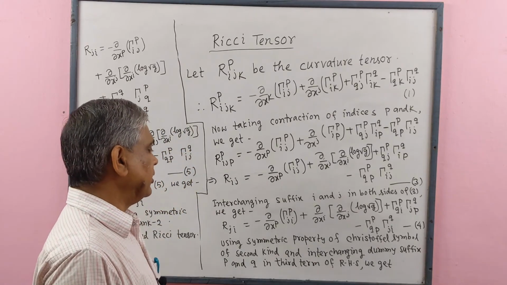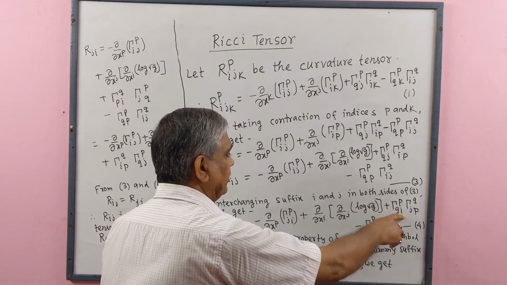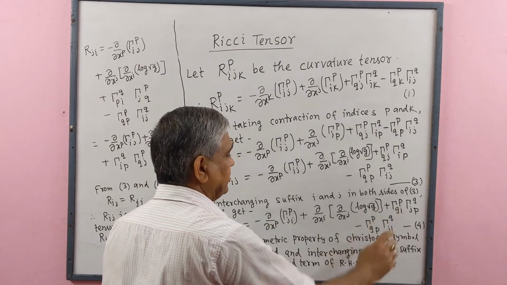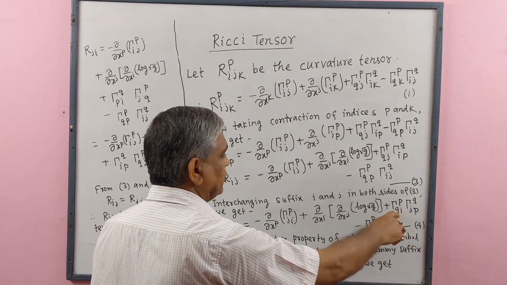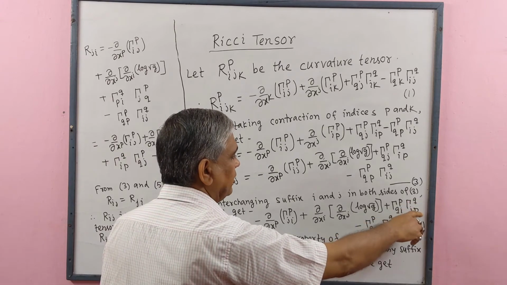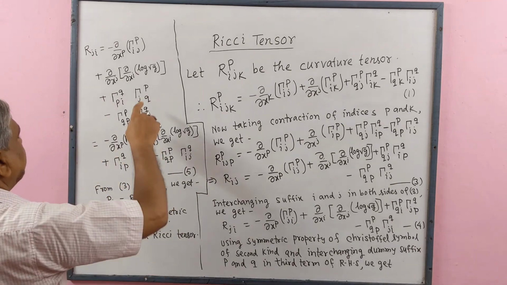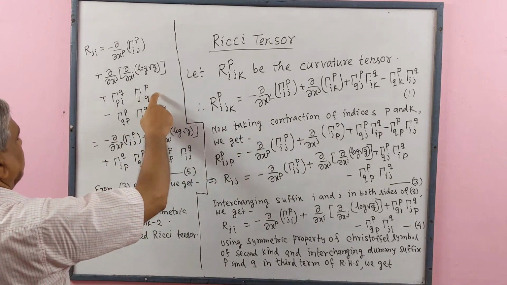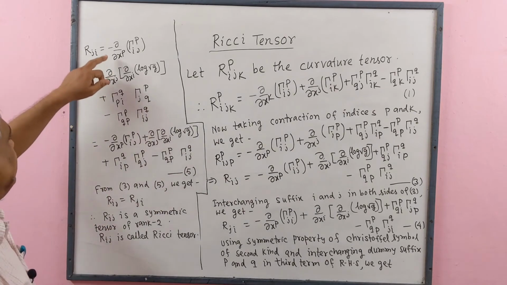Using the symmetric property of the Christoffel symbol of second kind, and interchanging dummy suffixes p and q in the third term of the right hand side, we get: in this place we write q, in this place we write p, in this place we write p, in this place we write q, and we get this result. We may write this again, this term same.